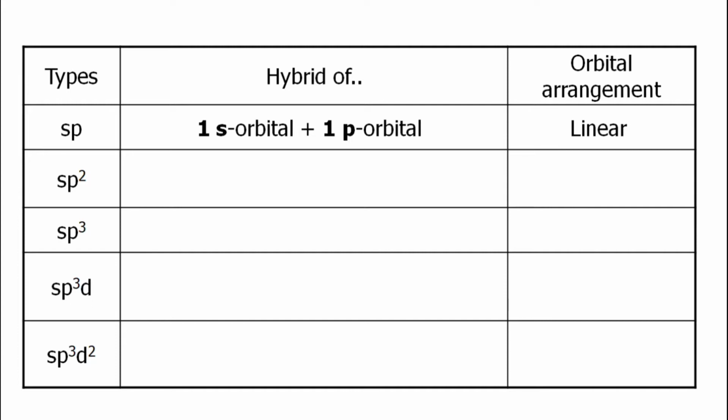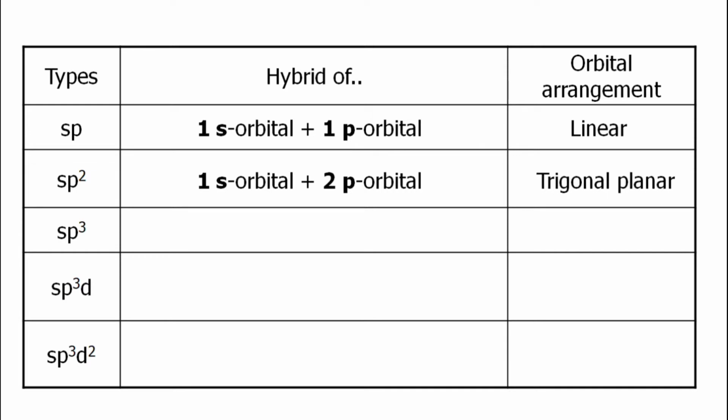An sp2 hybrid orbital is produced when 1s orbital is mixed with 2p orbitals. Then, the orbital arrangement would be trigonal planar. An sp3 hybrid orbital is produced when 1s orbital is mixed with 3p orbitals. The shape of the hybrid orbitals would be tetrahedral.